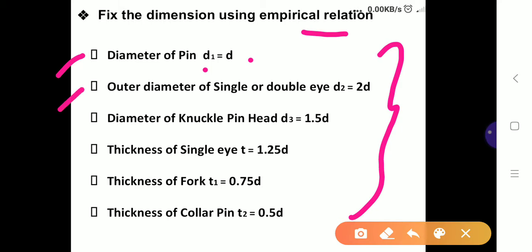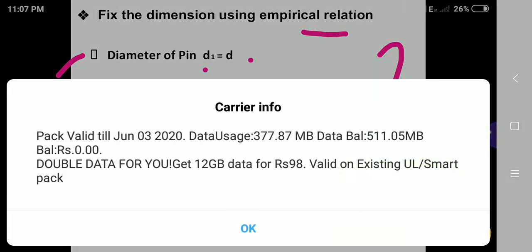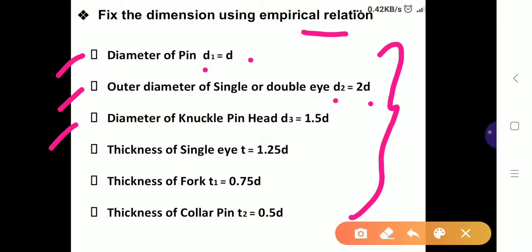Then the second one is the outer diameter of single eye, represented by small d2, equal to 2 times the rod diameter. Then the third is the diameter of knuckle pin head, represented by d3, equal to 1.5 times the diameter of rod.